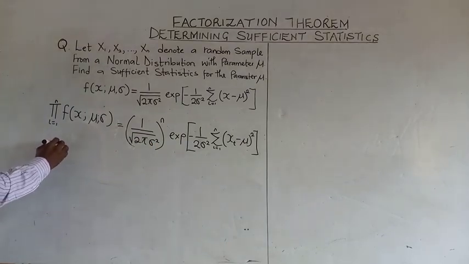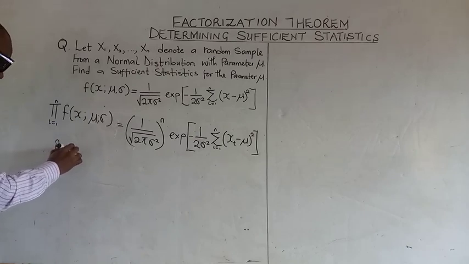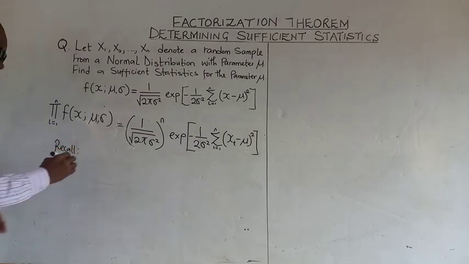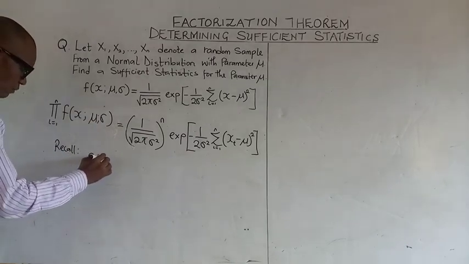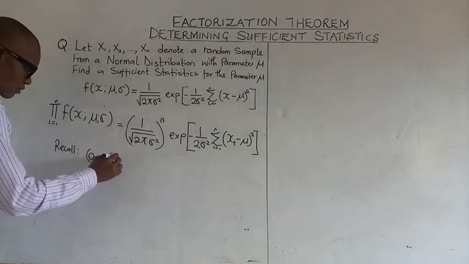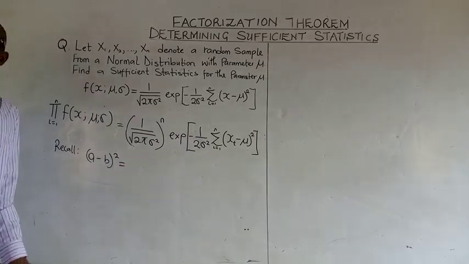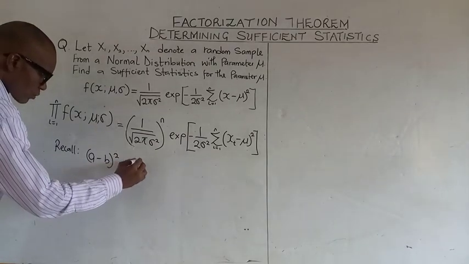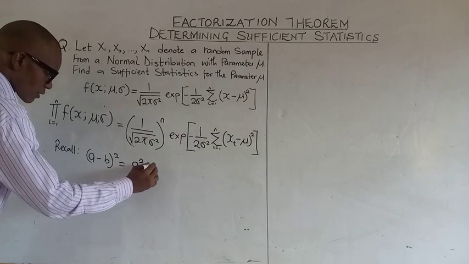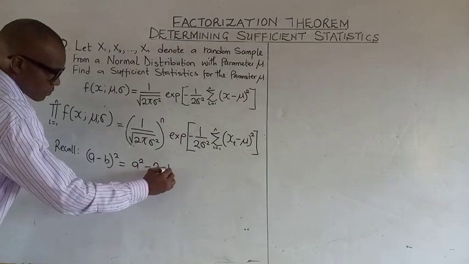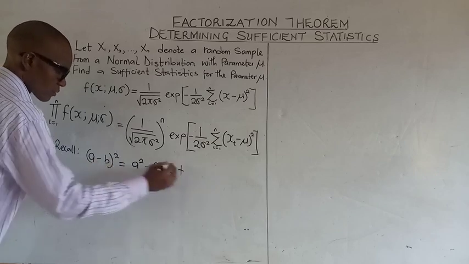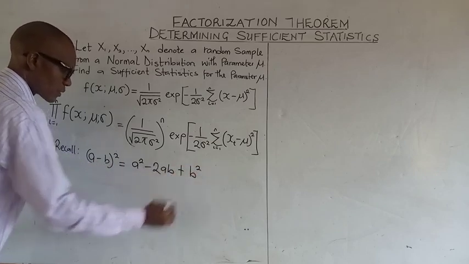But before we proceed, recall from quadratics that a minus b all squared is equal to a squared minus 2ab plus b squared.